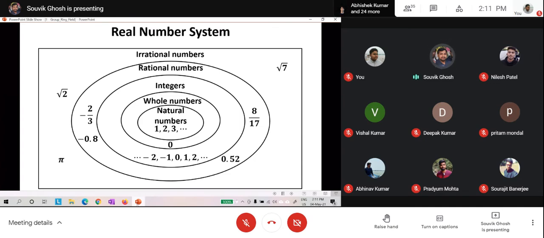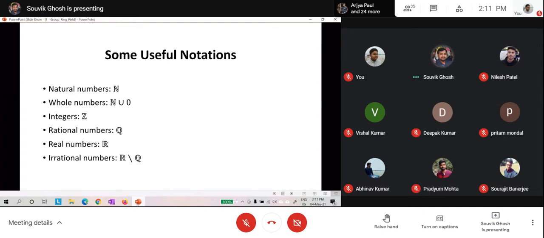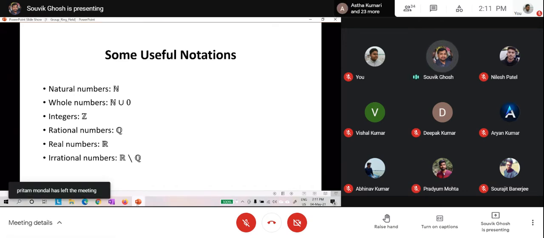This forms the algebraic structure, and depending on different properties of the operation given along with the set, the algebraic structure has a different name. For example, these are very common notations. The set of natural numbers we denote by N. Then comes the whole numbers, the set of natural numbers along with 0.